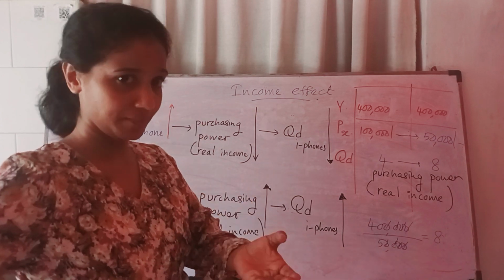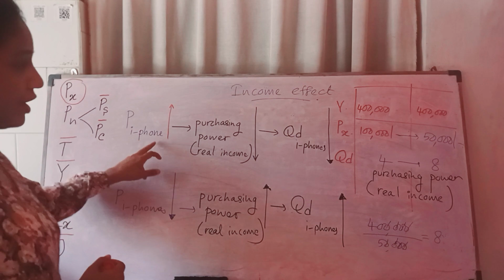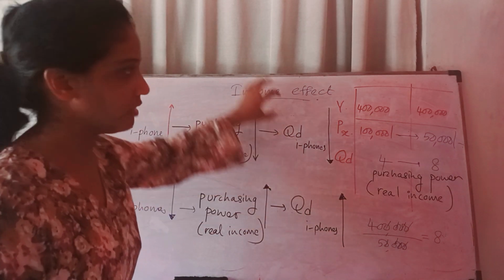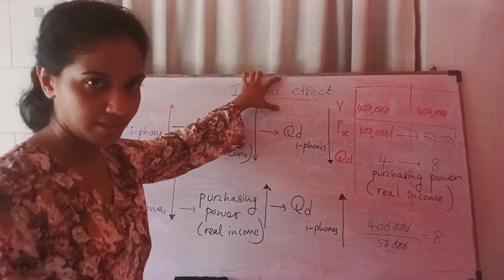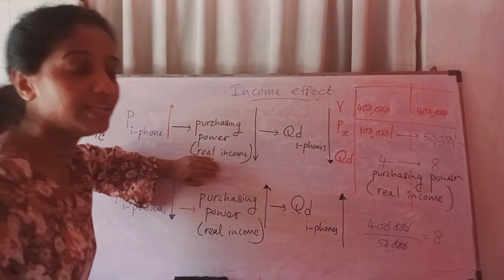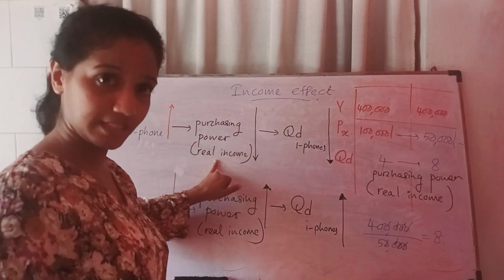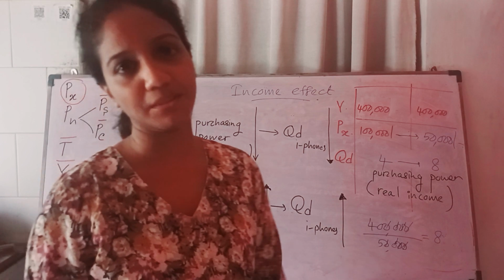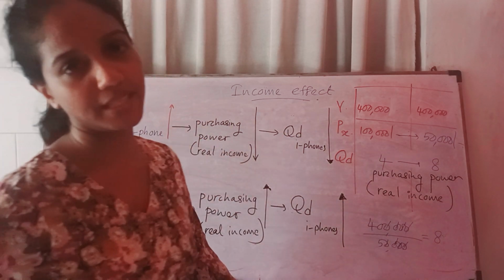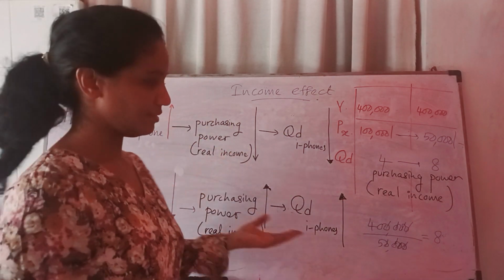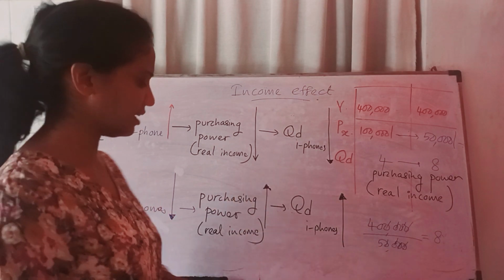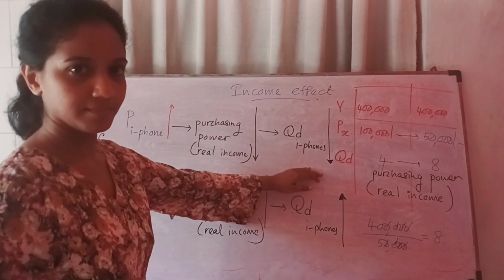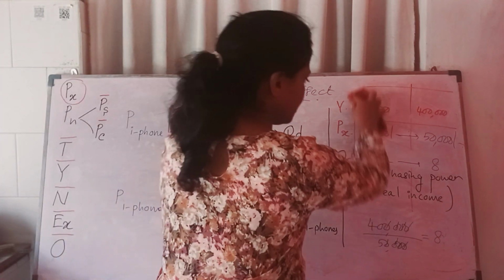Income effect means, children, not the relationship between price and the quantity demand. When we talk about the income effect, the relationship is between the real income or the purchasing power and the quantity demand, when the price of the particular good changes. Here, according to our example, the directions are the same, which means positive or negative, children?